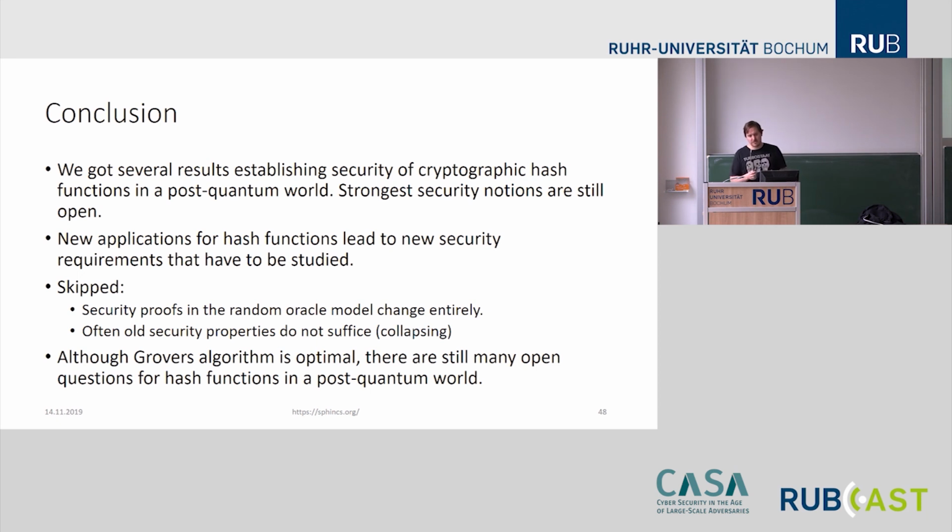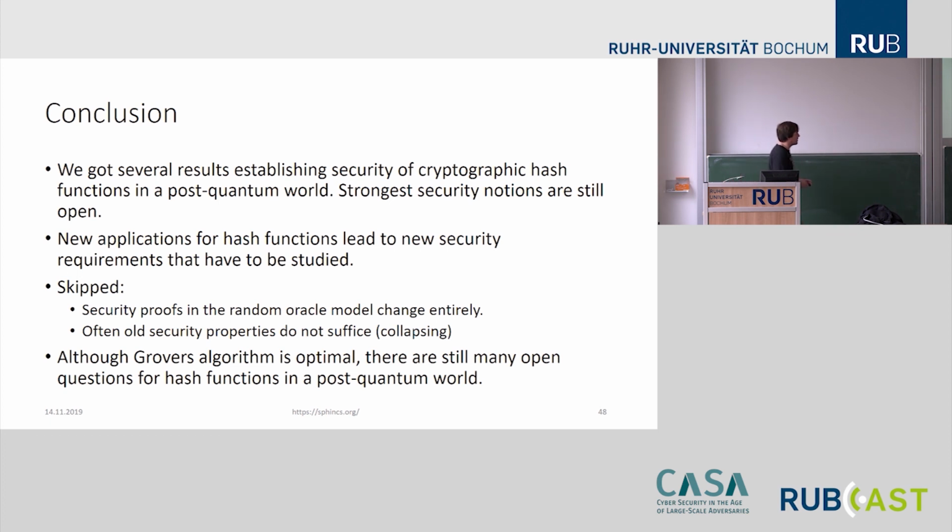I showed one application in hash-based signatures where you see that we've still got new security properties coming up which we have to analyze in these settings. So this also needs tools. Some others I didn't discuss at all, so I also didn't discuss the whole QROM setting.